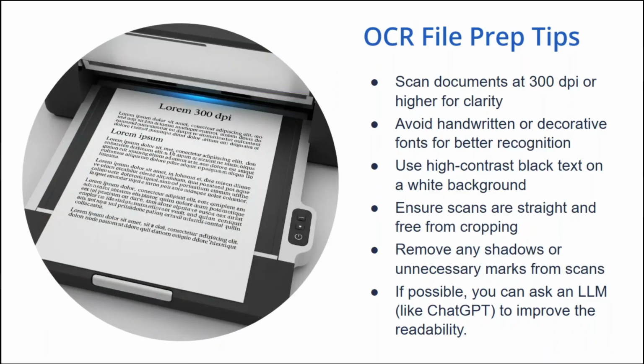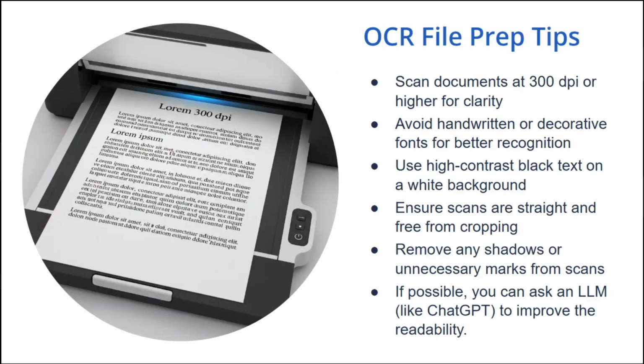Use high contrast. Ensure scans are straight and not cropped. Remove shadows. If possible, for confidentiality issues, you may also ask an LLM like ChatGPT to improve readability. They usually work pretty well at doing that.